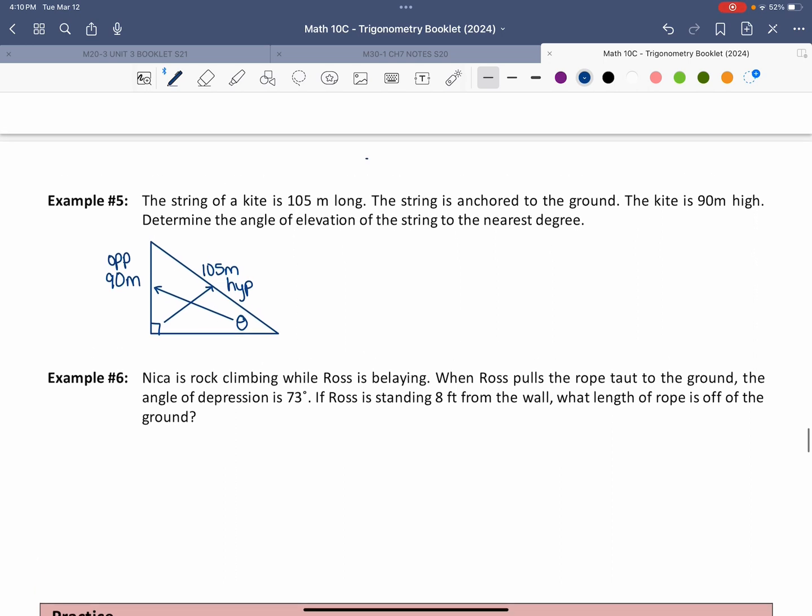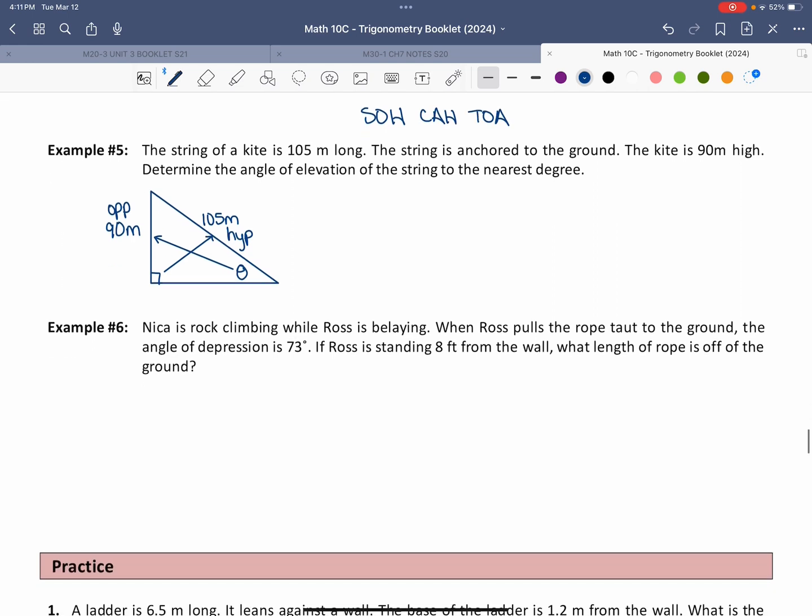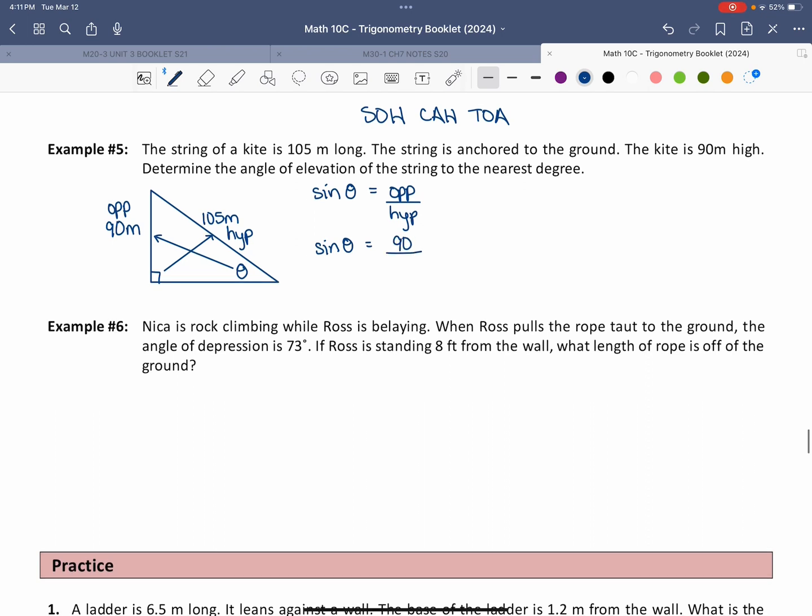Then I'm going to write SOHCAHTOA up here again. Based on the fact that we have opposite and hypotenuse, that means we're going to use sine theta equals opposite over hypotenuse. Plug in our values. Sine theta equals 90 over 105.